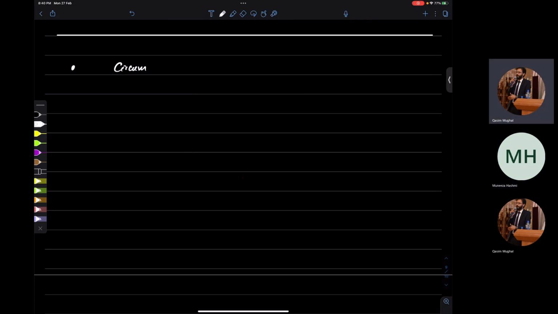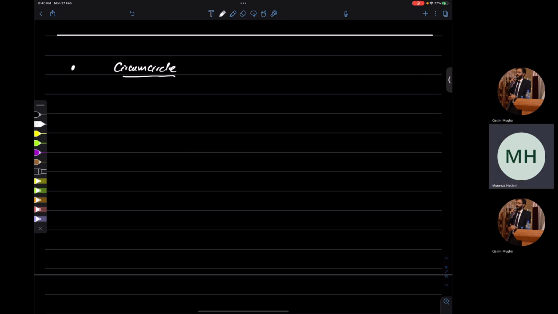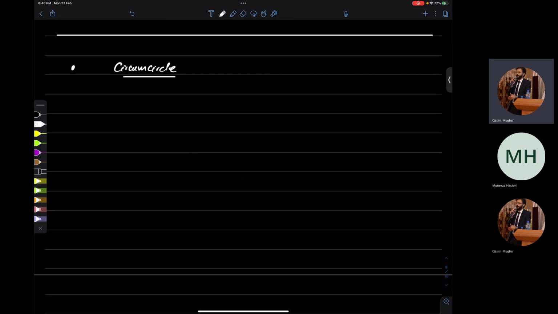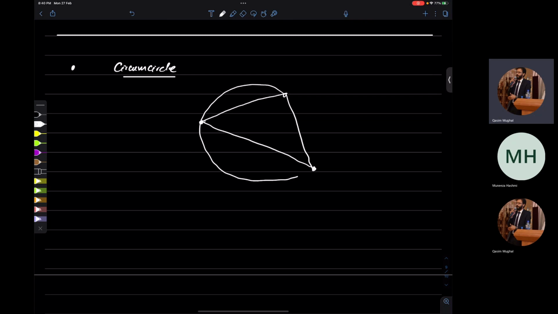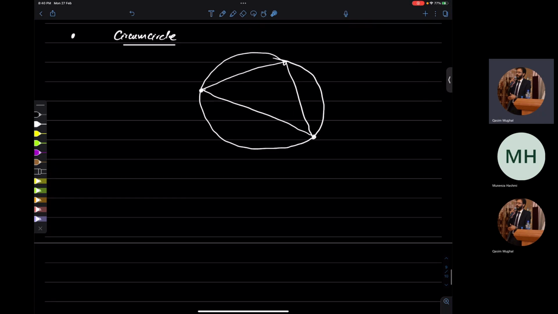In short, no matter where you have the 3 points and you have the triangle, you can always draw a perfect circle through all those 3 points. I'm sorry, this one looks funny and it doesn't even look like a circle, but it is always possible. It's just a rough diagram. So this is basically known as a circumcircle.